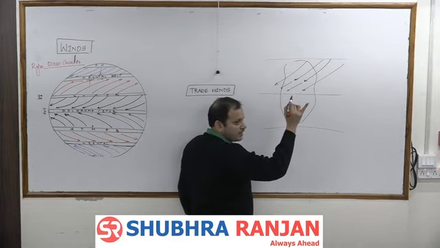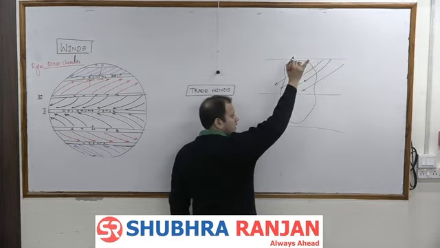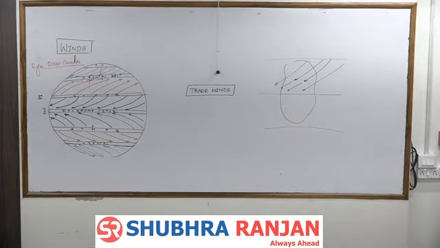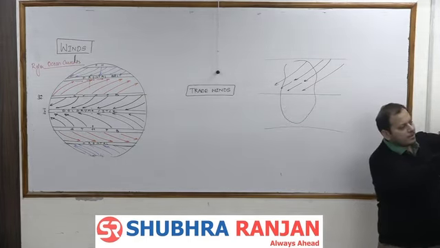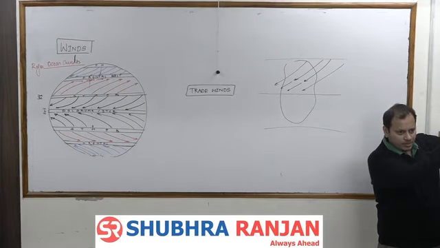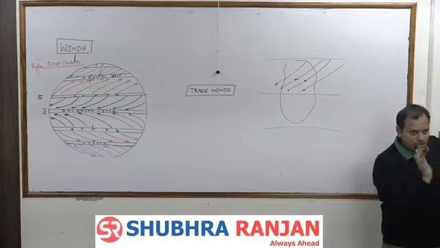It will rise up and then again it will come and settle down. That means this is the wind which will be blowing from subtropical high to equatorial low. After coming at equatorial low, it will rise up and go back to its original position.